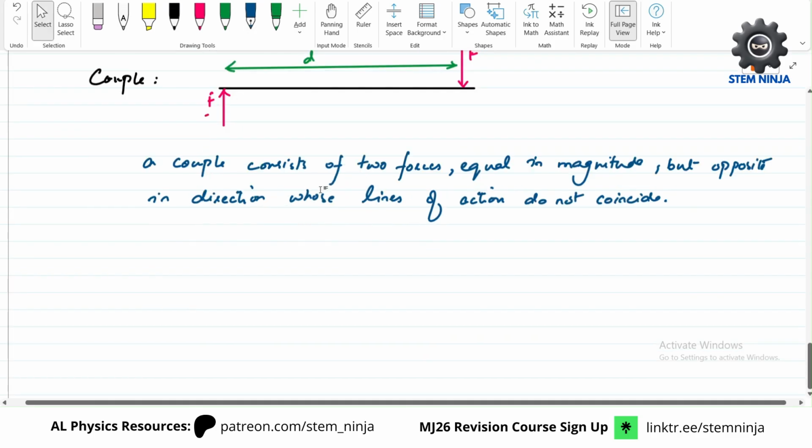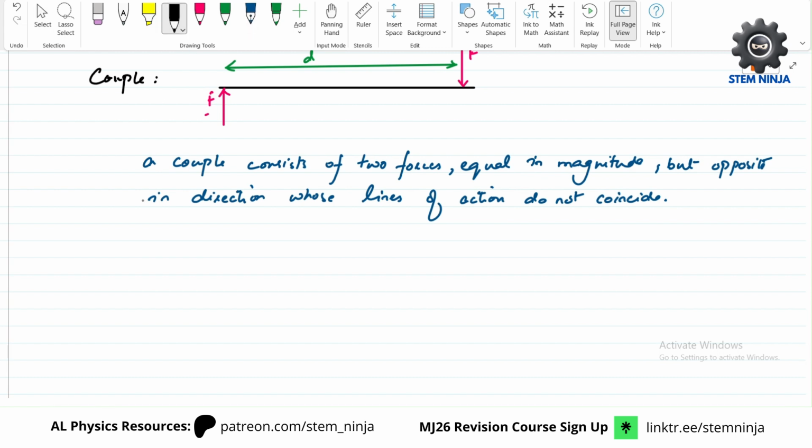And now the definition for the torque of a couple, basically.